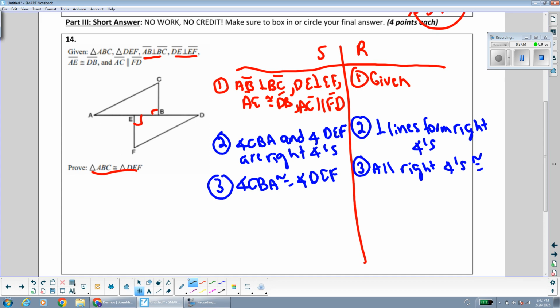Let me mark the rest of the given so I can figure out what else I need to prove the triangle is congruent. AE is congruent to DF. Oh, sorry, AE is congruent to DB. I said DF and I'm like, wait, that doesn't make any sense. One's the hypotenuse. And AC is parallel to FD.